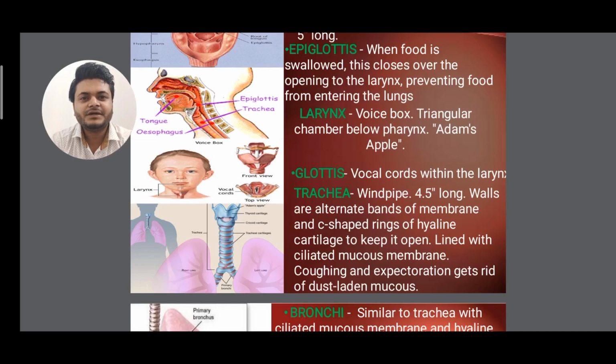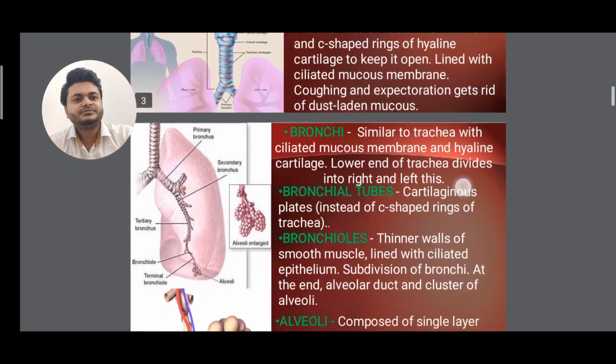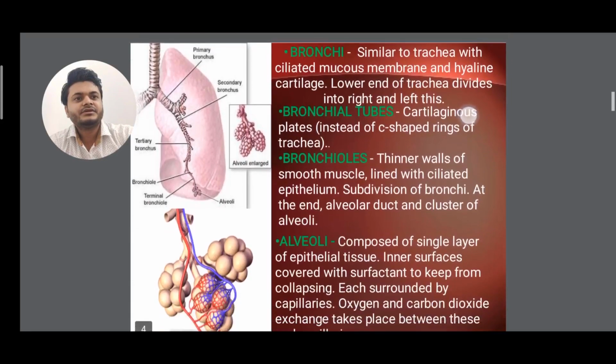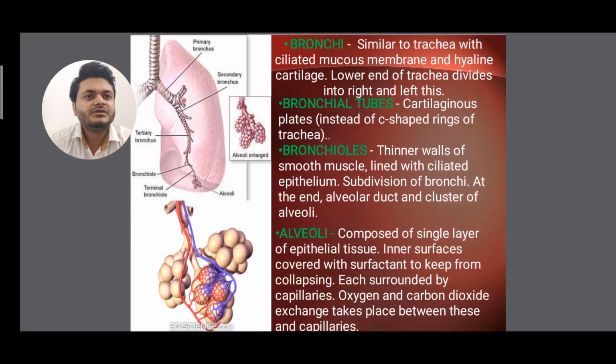So this is a trachea, followed by bronchi. See, similar to trachea with ciliated mucous membrane and hyaline cartilage. Lower end of the trachea divides into two. Clear? One is right, another is left. Next, what is bronchial tubes? Cartilage plate. Clear?